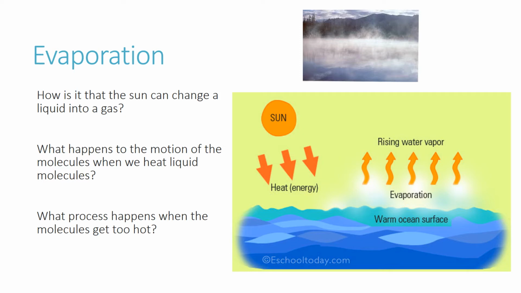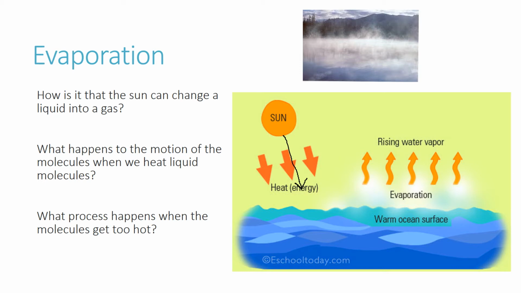So as you're opening up this link, there are some questions here on the screen that we want to address about evaporation. We know we're talking about evaporation. That's when the energy from the sun moves down from the atmosphere, heats the water on the earth, and makes those molecules start to move quicker.